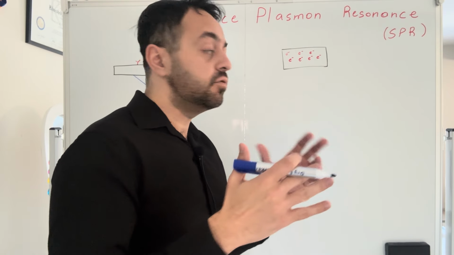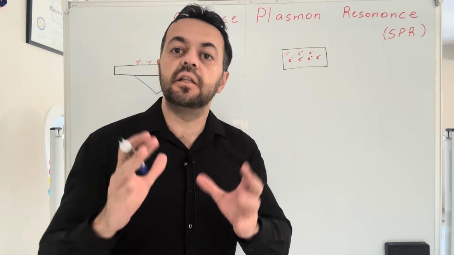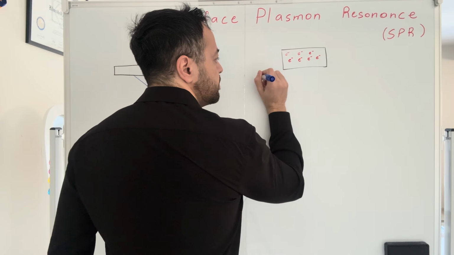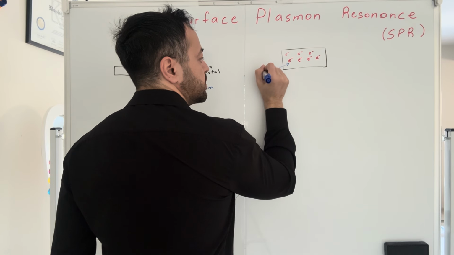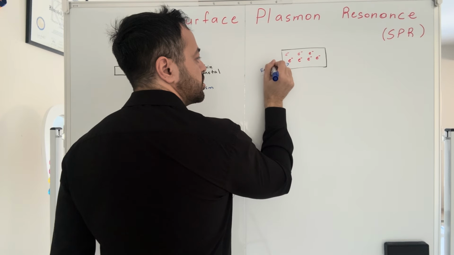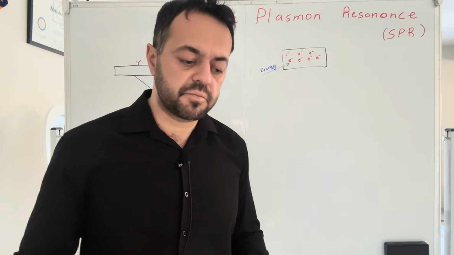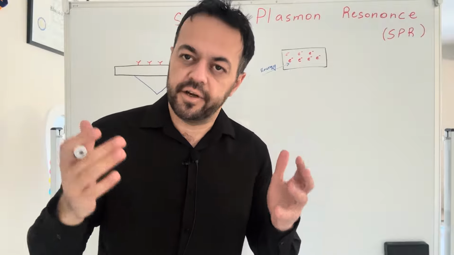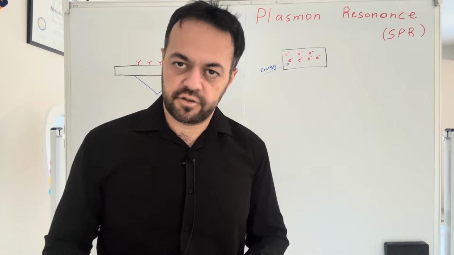And they don't typically oscillate one by one. They start oscillating collectively when you apply some kind of energy to the system. So I'll just say here, energy. So it's pretty easy. Plasmon is basically the collective oscillation of electrons when you apply an external energy to it.